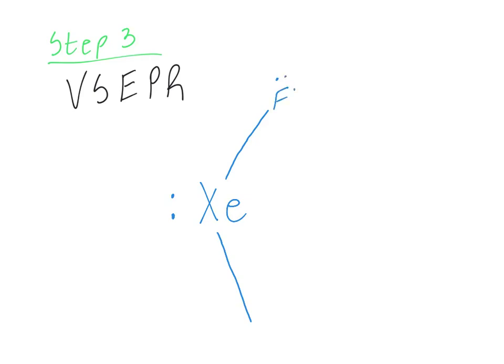Make sure you put your electrons. Then you have to draw your wedges. That would be for oxygen, and then here you would draw the other oxygen.